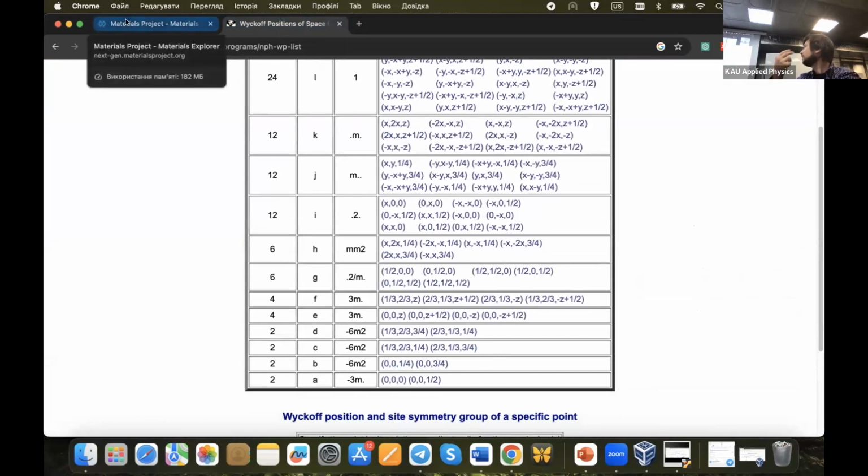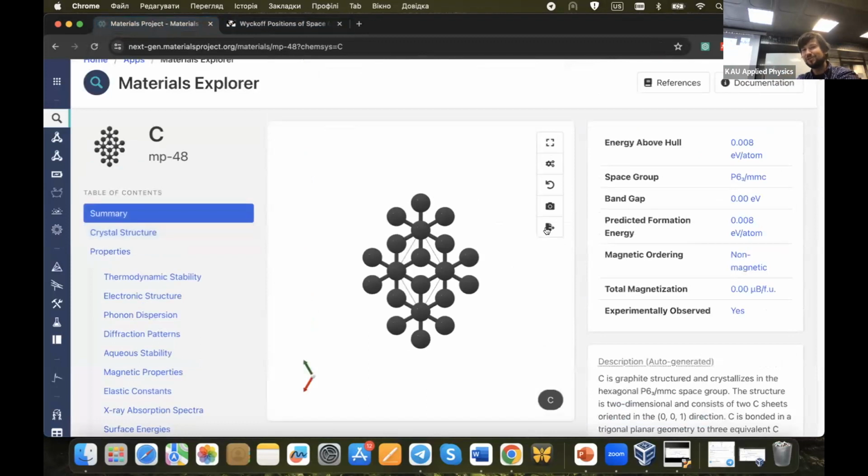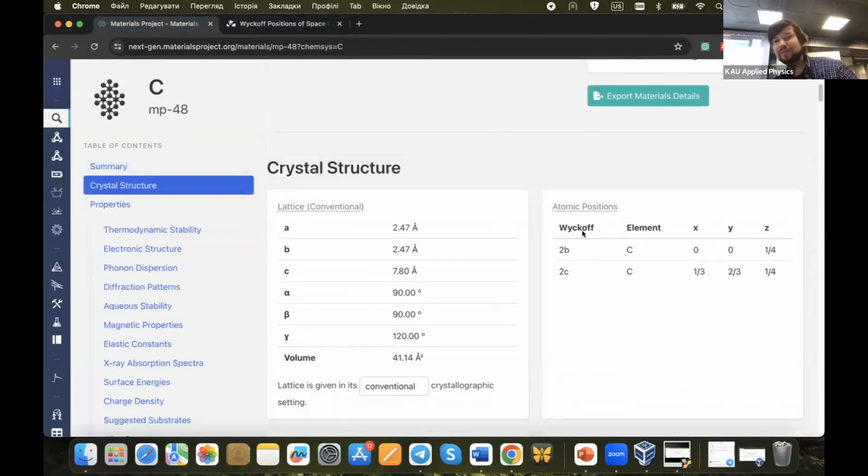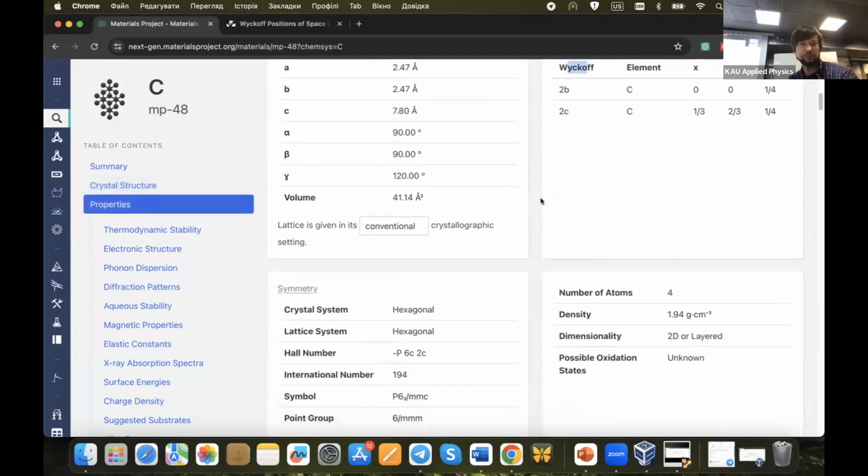So we can use the theoretical way, Bilbao, and we have a practical way, just to take this file with these coordinates. But the theoretical way with these Wyckoff positions is better for understanding how these symmetry operations work.